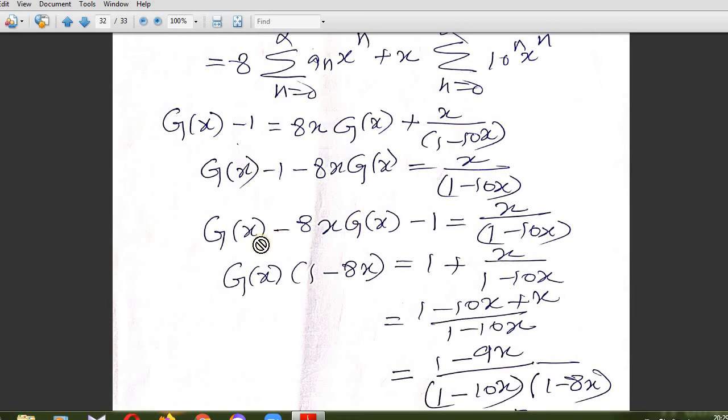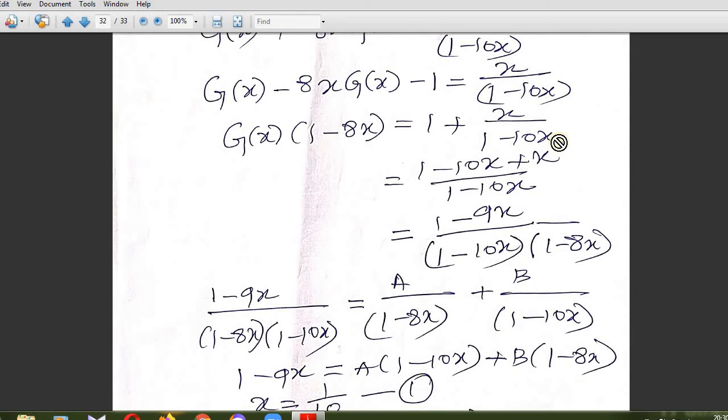Now which is common here? g of x is common. Bring the g of x outside, and the remaining terms are 1 minus 8x. This is common. That equals 1 plus x divided by 1 minus 10x.